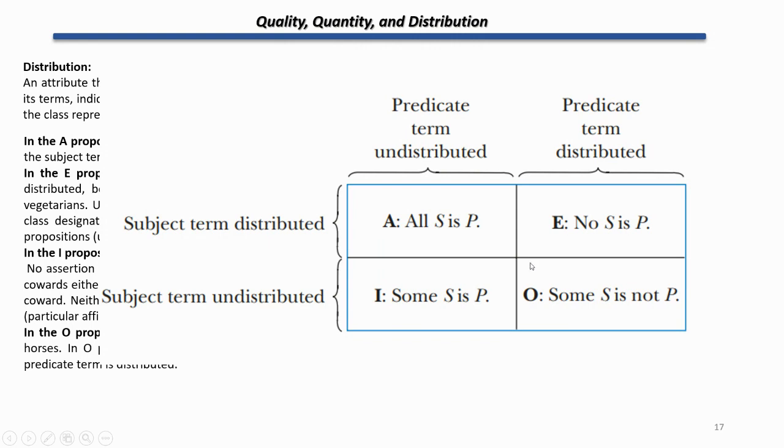Whichever box you check, depending upon that, distributed or undistributed will be decided.